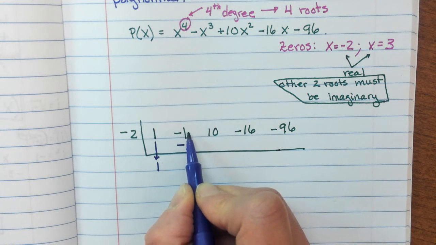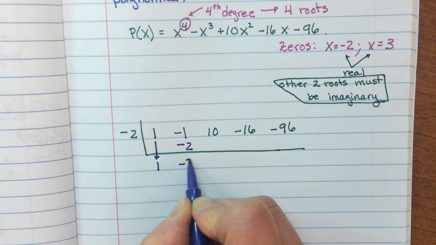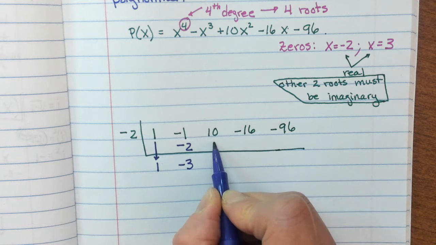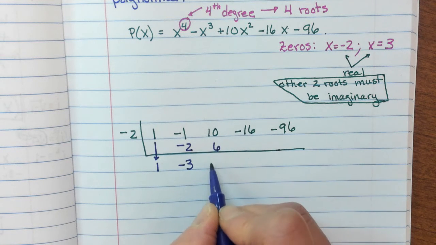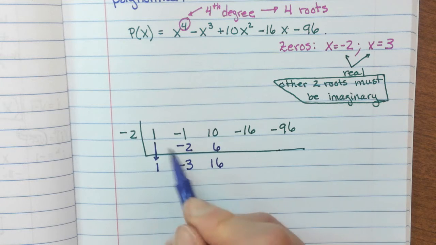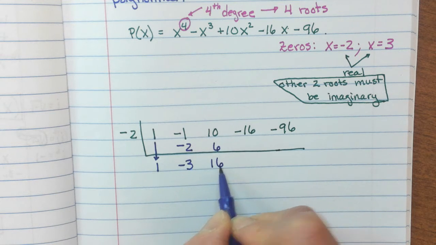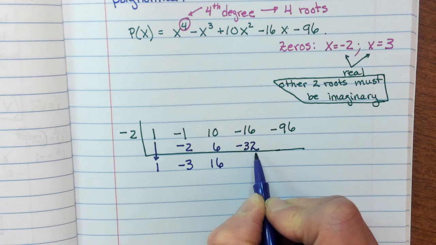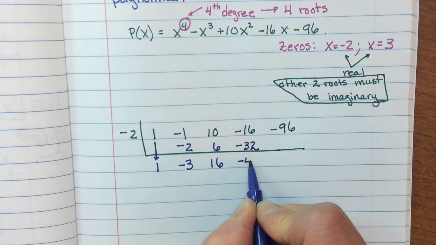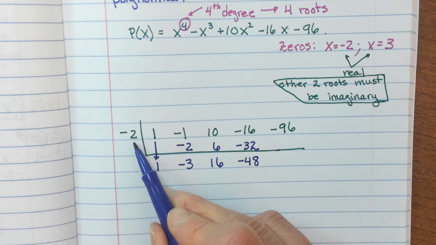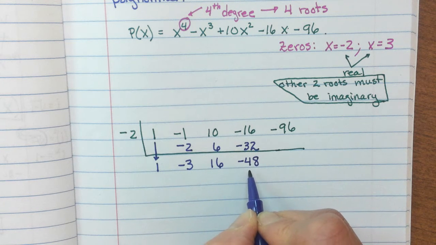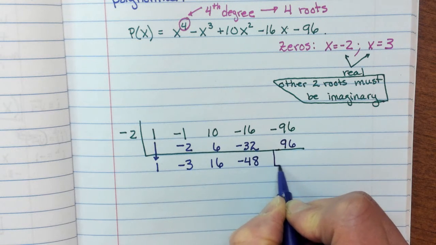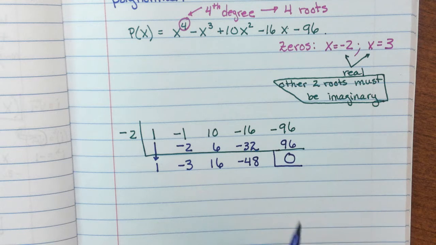Then we add -1 and -2 gives -3. -2 times -3 gives us 6. 10 plus 6 gives me 16. -2 times 16 gives me -32. -16 plus 32 gives me -48. -2 times -48 gives me 96, which means I have a remainder of 0.